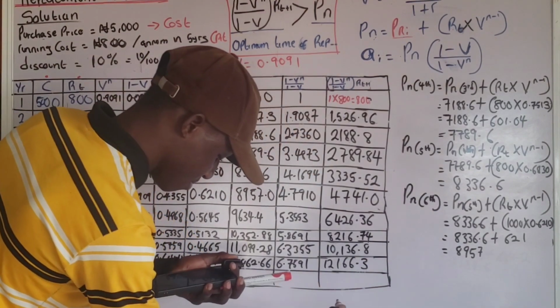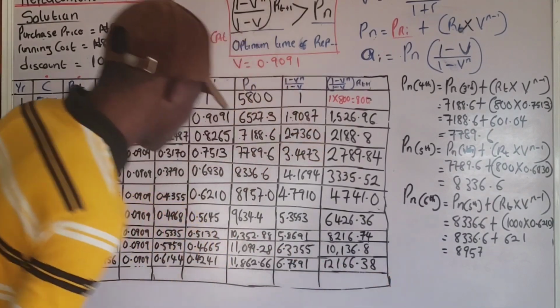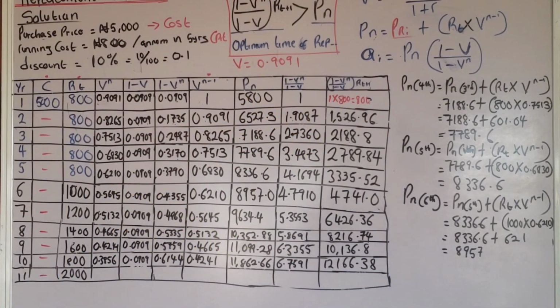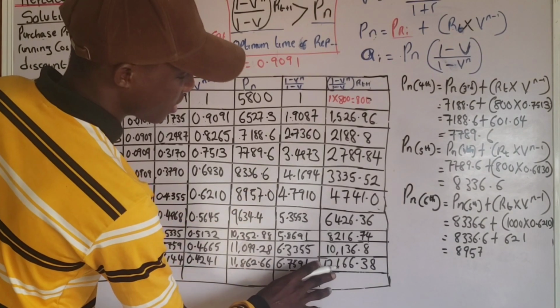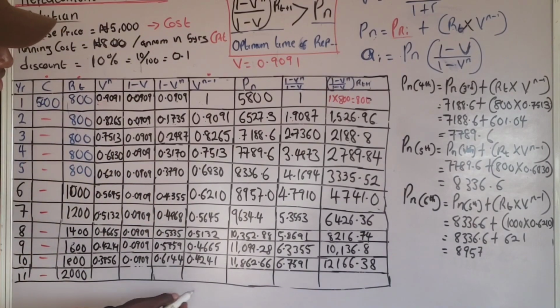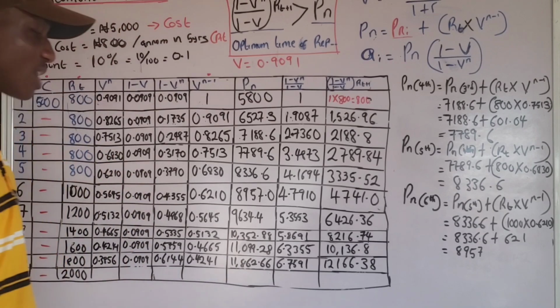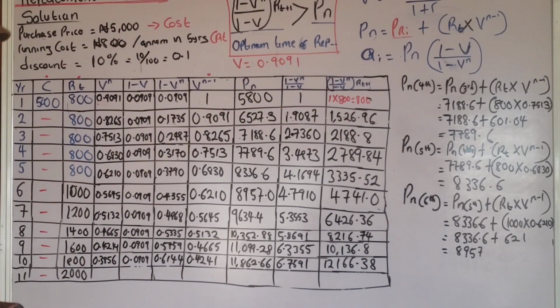Now let us check if the value that we have here in the 10th year is greater than the Pn. You can see 12,166.38 is greater than 11,862.66.